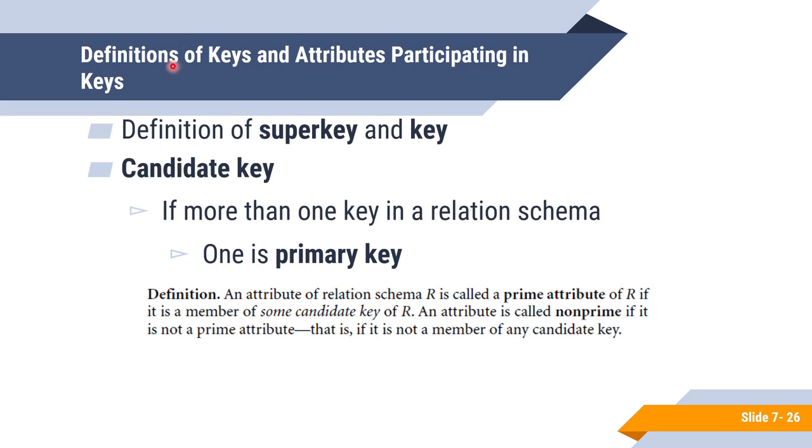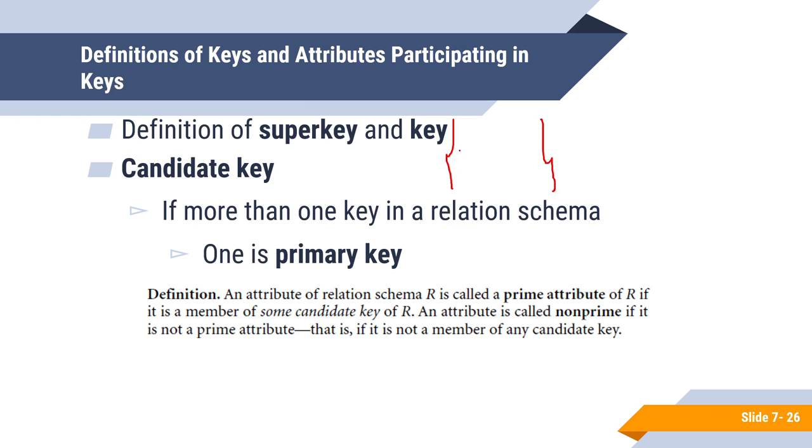Next, you already know these things, that's why I'll explain this part and afterwards I'll stop. Definition of keys and attributes participating in the key. You already know what a super key is and what a key is. A super key is a set of keys, including the primary key, secondary key, and so on. If I don't know which one is the primary key, I make a group of keys, name and SSN, as one group, and call it a super key.